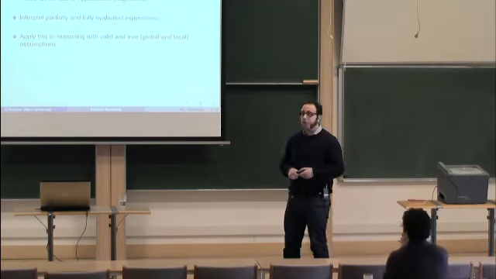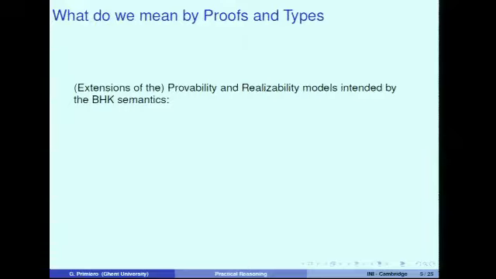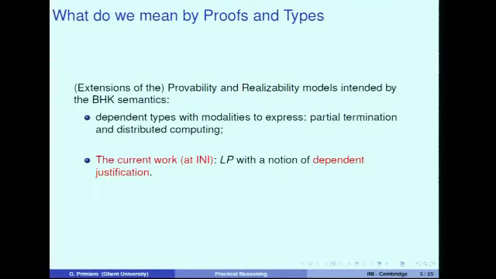And then what we mean by proofs and types: I'm looking at extensions of the provability and realizability models intended by the Brouwer-Heyting-Kolmogorov semantics. Up to now I've been working on two things. One is dependent types with modalities to express both partial termination and distributed computing. I'm not going to talk about this, but it might be interesting to someone.